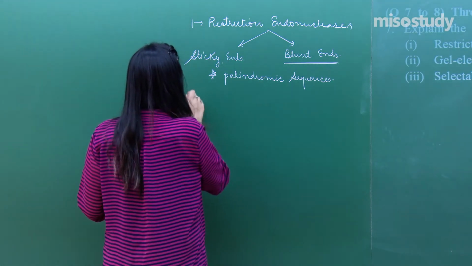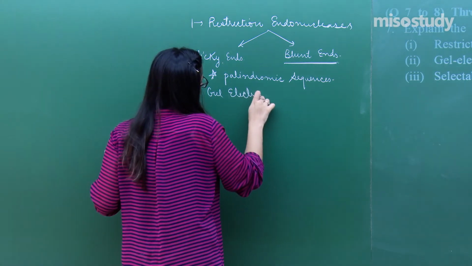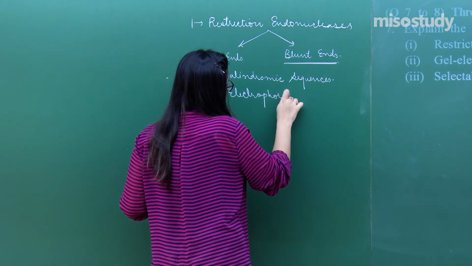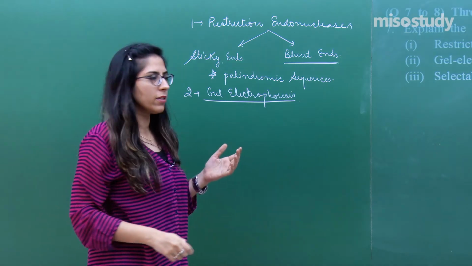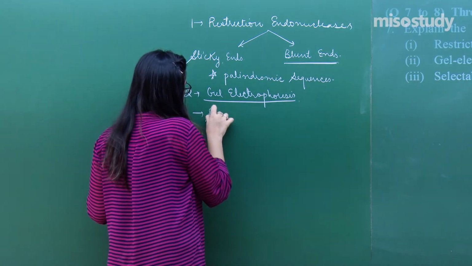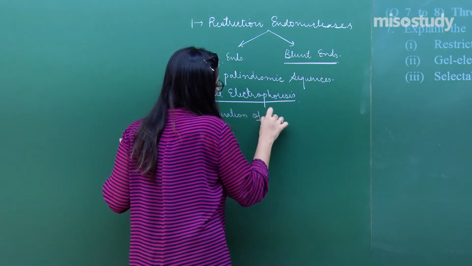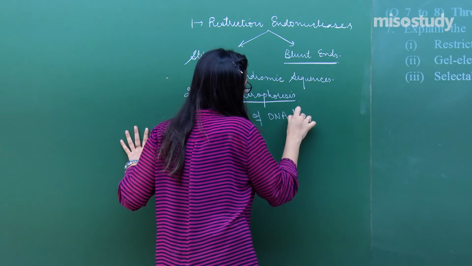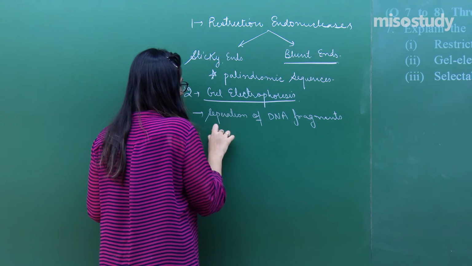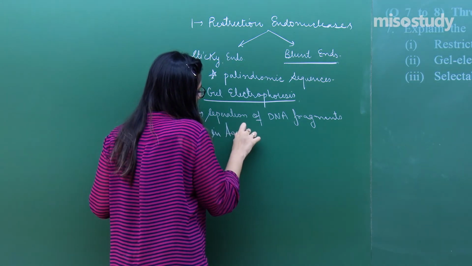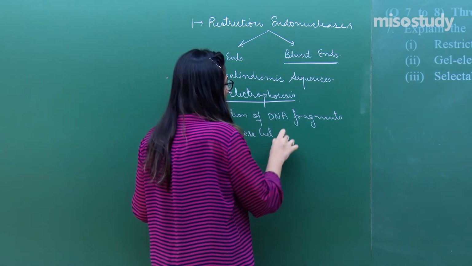Second part we have is gel electrophoresis. Gel electrophoresis is a process of separation of DNA fragments in agarose gel by passing electricity.